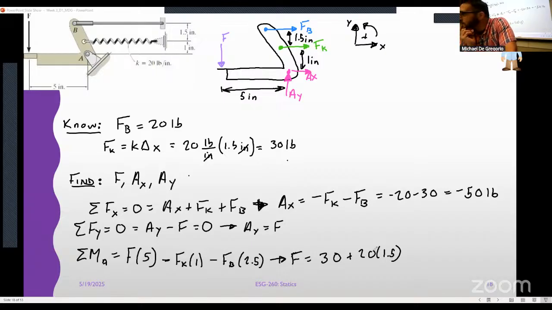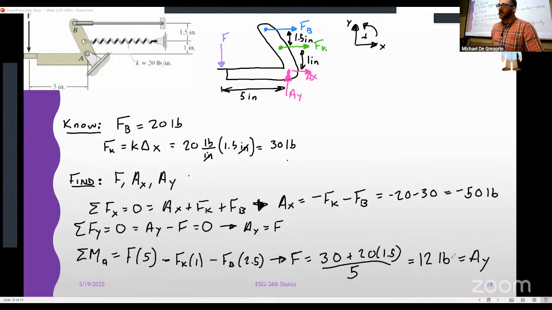That's also 30, right? Divided by 5. 60 divided by 5, last time I checked was 12. It's 12 pounds. Guess what? We did it, guys. We found both of them.